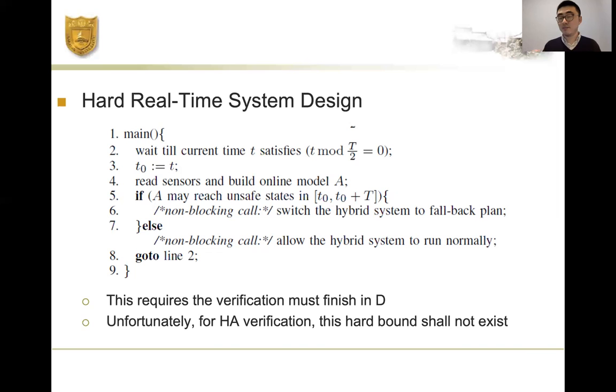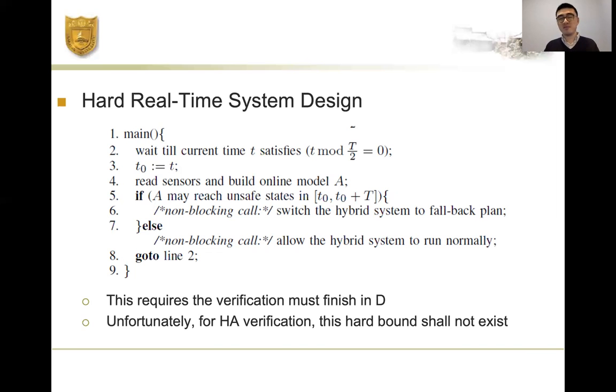What does the otherwise mean here? The otherwise can be that we find the system is safe. And you may still remember the verification of a hybrid automaton is undecidable. Even for BMC, it's decidable, but very complex. It's not guaranteed to get a result in a limited time.